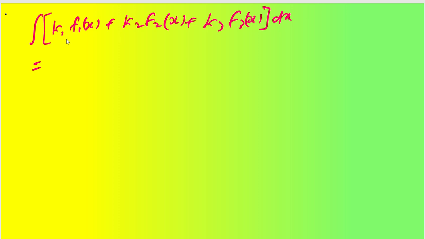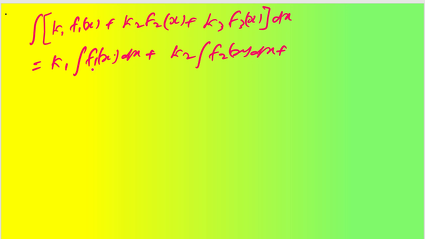Next was you can take constants out. So you can be writing it as k1 integration f1 of x dx plus k2 integration of f2 of x dx plus k3 integration of f3 of x dx. Understood? So these were very basic properties of integrations.